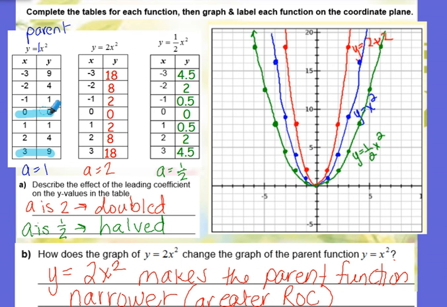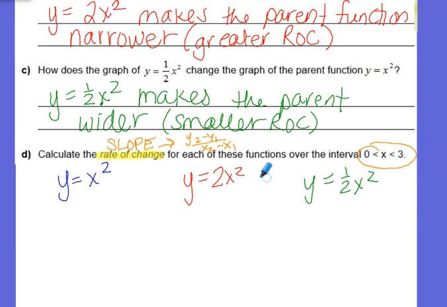So this is x1, y1, x2, y2. If I plug in those values into the slope formula, we would have 9 minus 0 over 3 minus 0, which equals 9 over 3, which is equivalent to 3. So the rate of change for the parent is 3 when x is 0 to when x is 3.